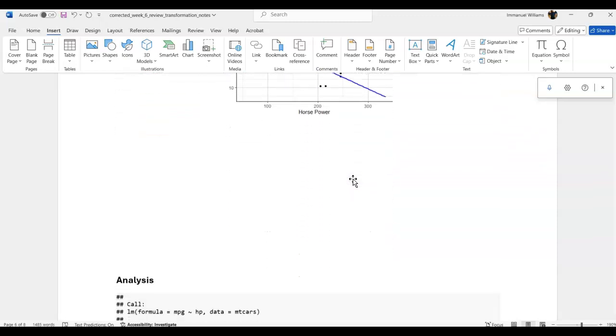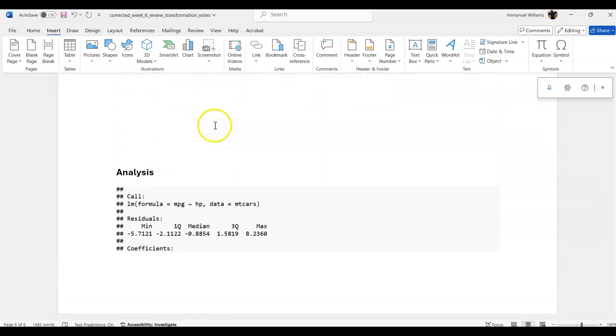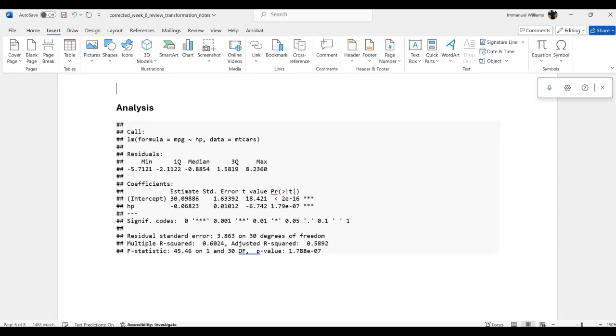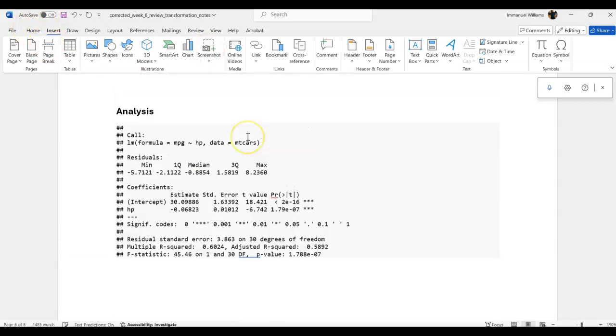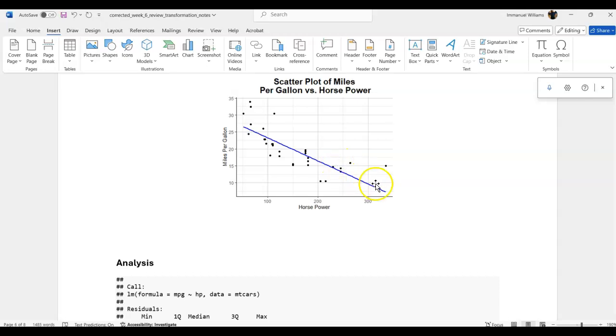And so here's our analysis. We could use this analysis, but I would argue it's better if we do some transformation. What I'm arguing here is that since there's a gap towards the bottom and it seems as if there's some curvature, I'm going to apply the log-based transformation to my x, because the x has a range of values where we see some spaces, whereas the y doesn't necessarily.